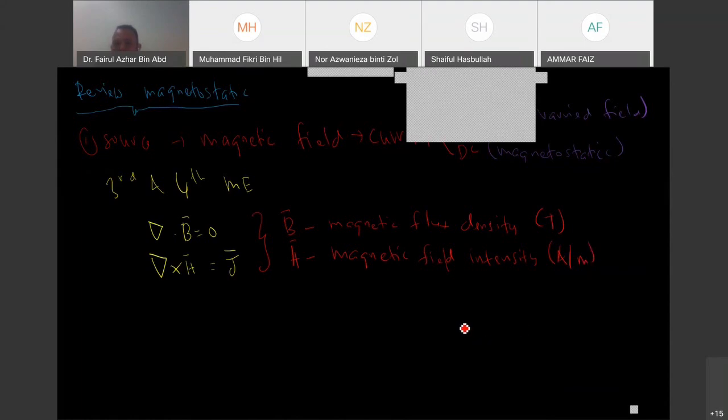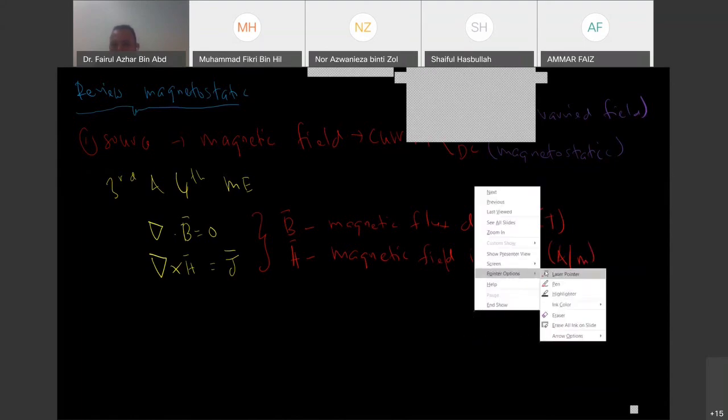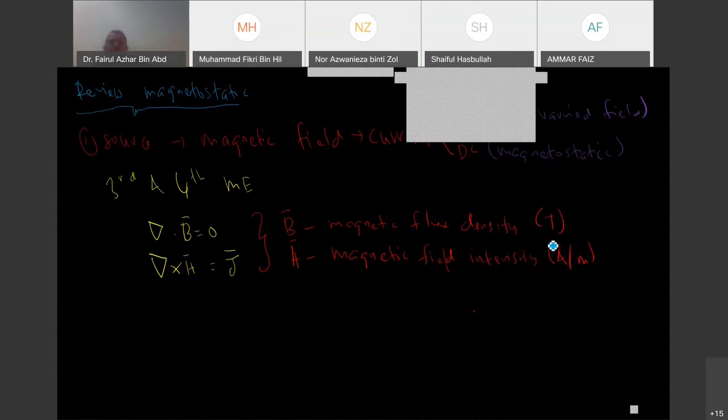If we look into these parameters, we have similar parameters in the electric field. For example, B is similar to the vector D, the electric flux density, with the unit Coulomb per meter squared.